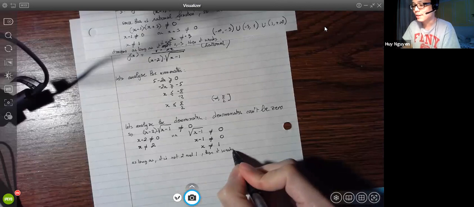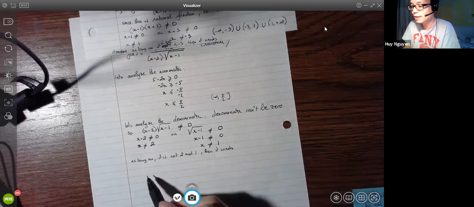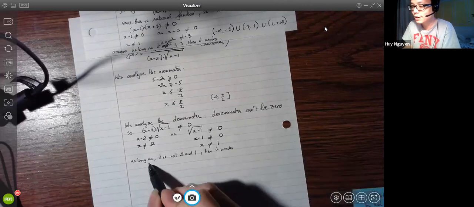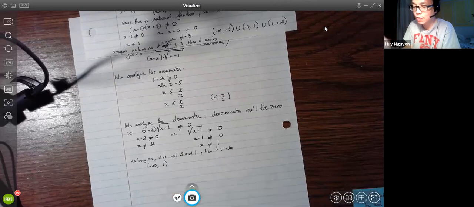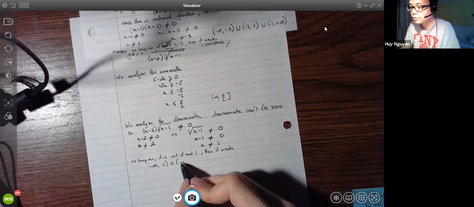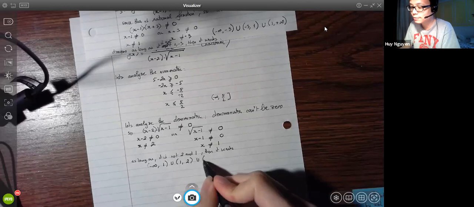So if I write interval notation, it will be what? Negative infinity to 1 first, because 1 is on the left-hand side of 2. Union 1 to 2, union 2 to infinity.